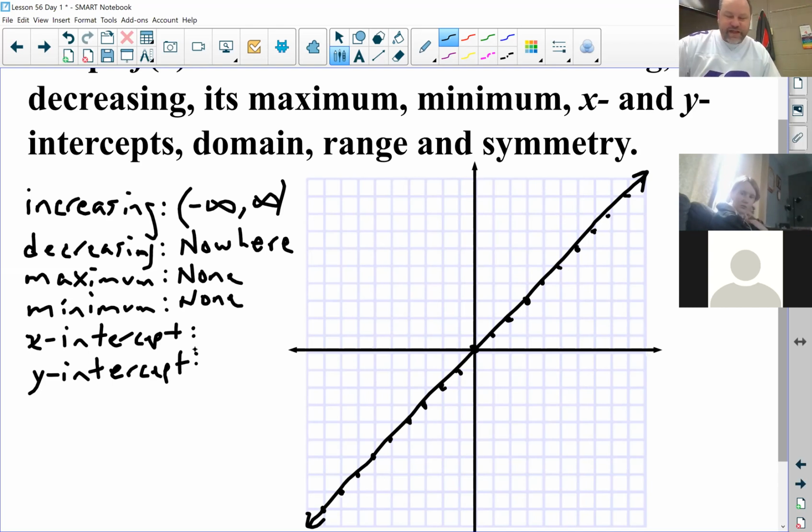Where do we cross the x-axis? At 0. Yep. I'm going to write it as an ordered pair. And likewise, the y-intercept is 0, 0.